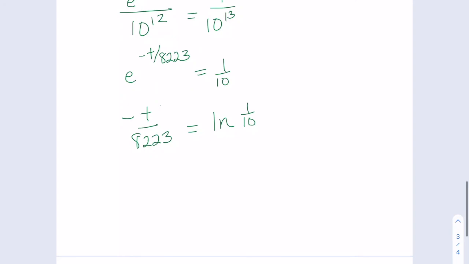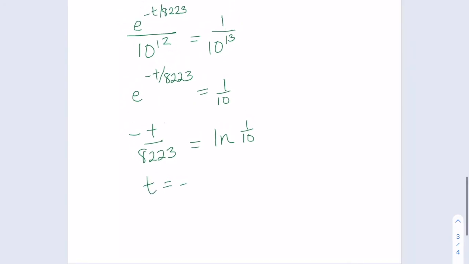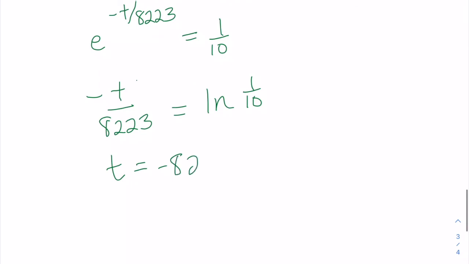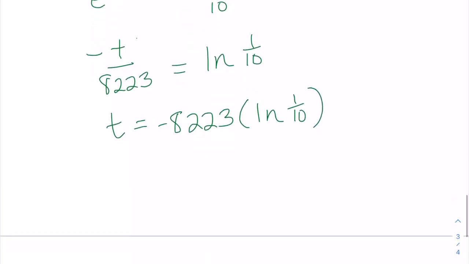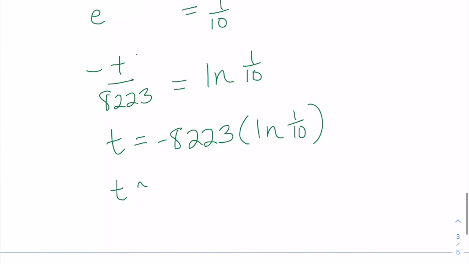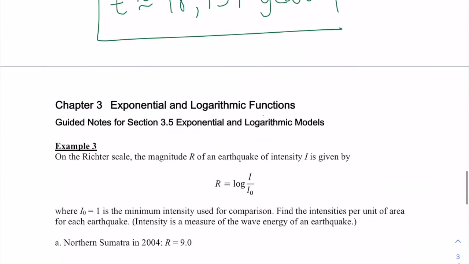And so if I just multiply both sides by negative 8,223, we can get an approximate value for the age of that fossil. And using a calculator, we can see that that's approximately 18,934 years. Pretty old. All right, for our last example, we're going to look at earthquakes.